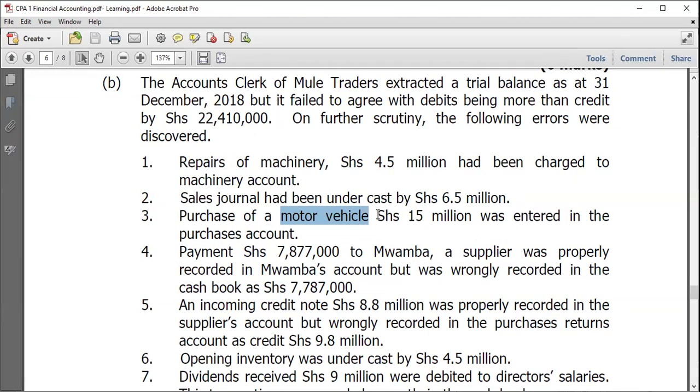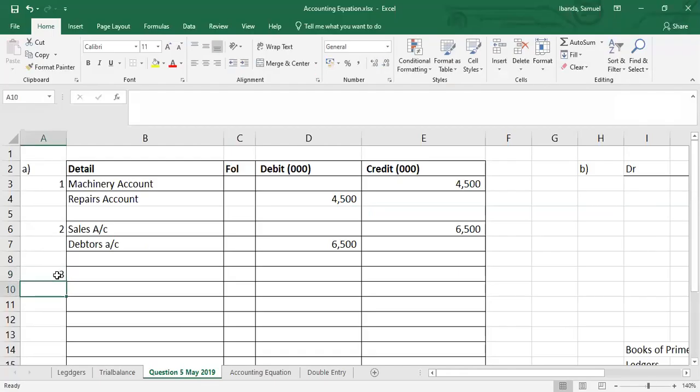Why we debit our motor vehicle is because that is where it is supposed to be. It is supposed to be recorded in the motor vehicle account. You get it? So that is what we are basically doing with our error.